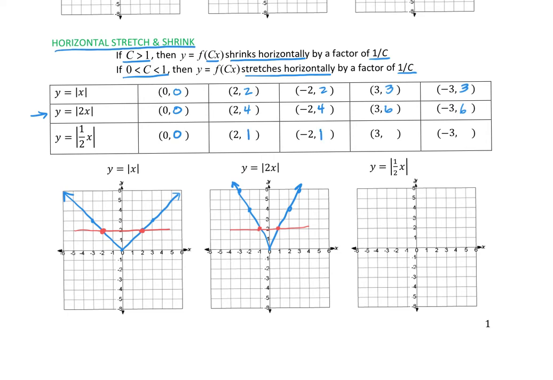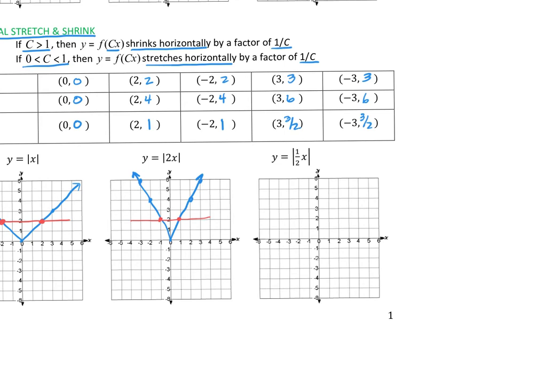Negative 2 also gives me 1. 3 gives me the absolute value of 3 halves. And then negative 3 will give me 3 halves as well. So if I were to graph it, I have to be careful because 3 halves is equal to 1.5. So you might want to write it as a mixed number or a decimal when you graph it.